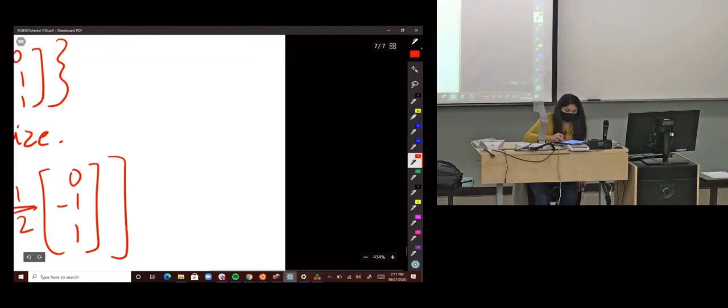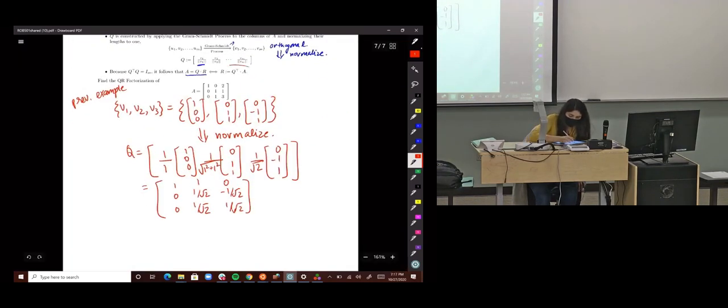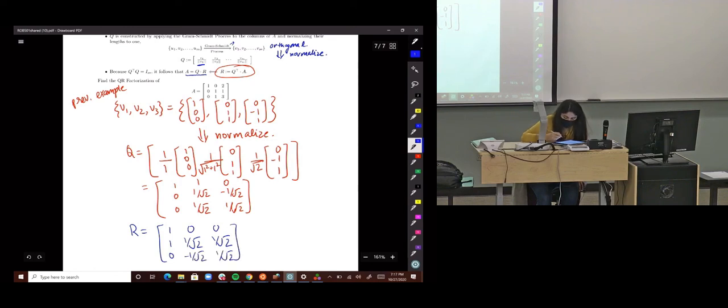Now that we have our Q matrix, how do we get R? Well, R is Q transpose times A. So R is Q transpose, so let's transpose our Q. That becomes 1, 0, 0, then 0, 1 by root 2, 1 by root 2, then 0, minus 1 by root 2, 1 by root 2, times the A matrix, which is 1, 0, 0, 0, 1, 1, 2, 1, 3.